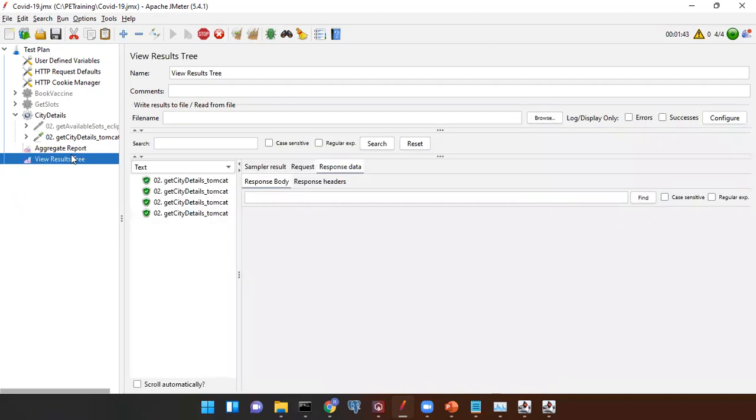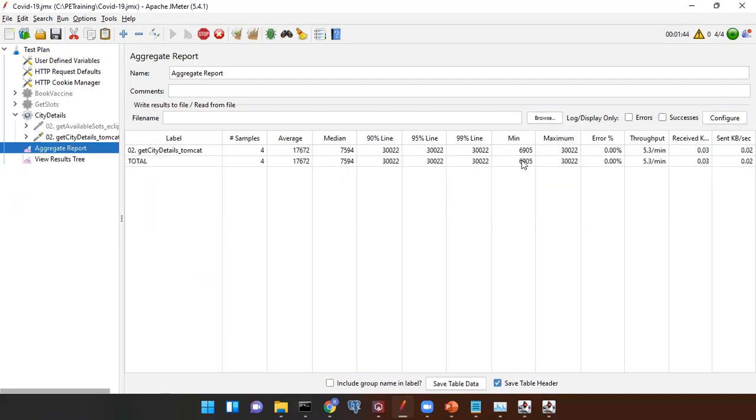Maybe with the first user, response time is around 7 seconds. Maybe for the second user, response time might have increased, and for the third and fourth user, response time definitely went high. It is around 30 seconds when the number of users in the system is 4.